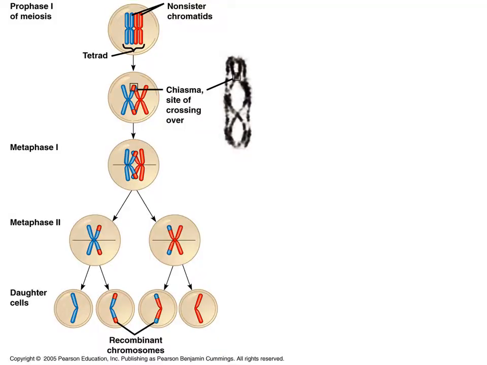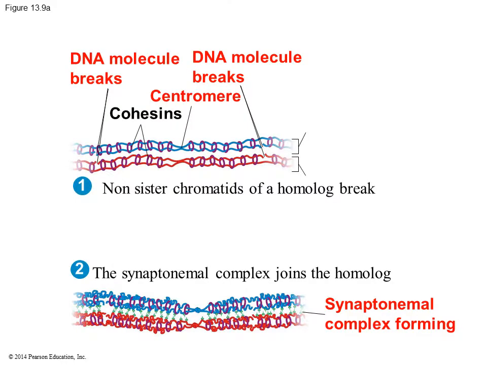During those 5 stages, you're going to have the genetic transfer of information between sister chromatids. Let's look at it in much more detail.